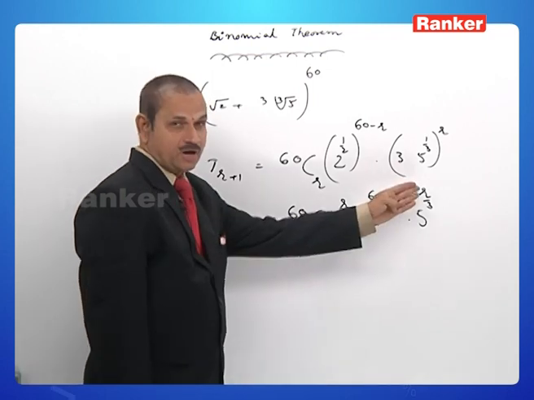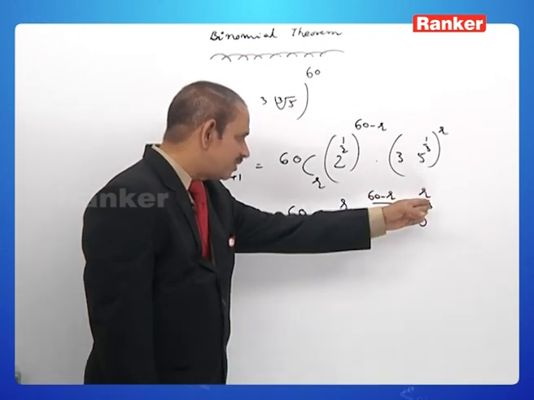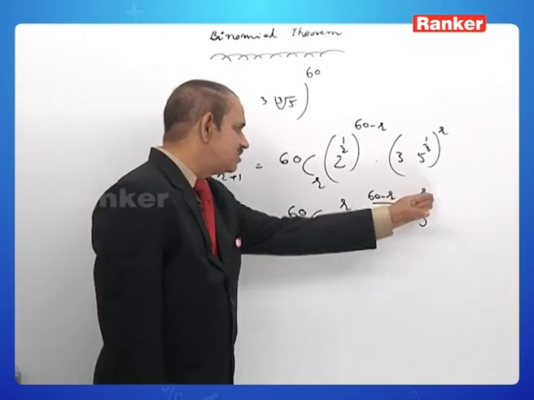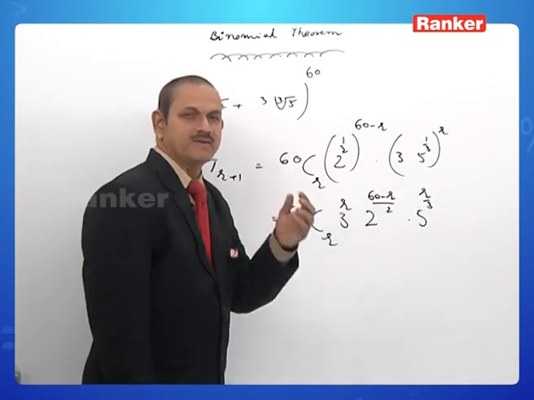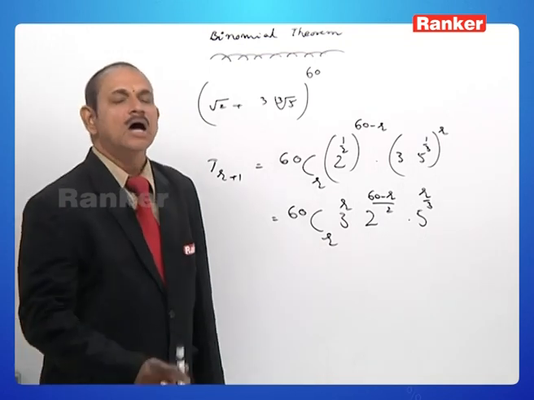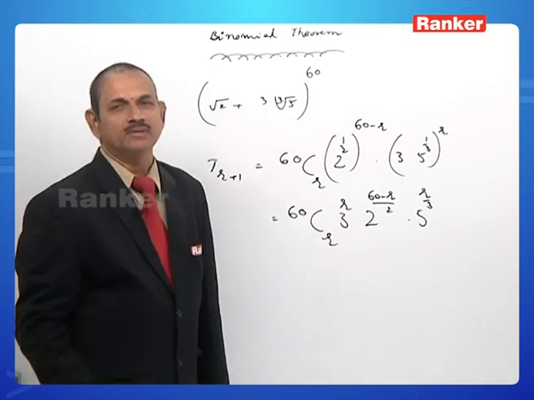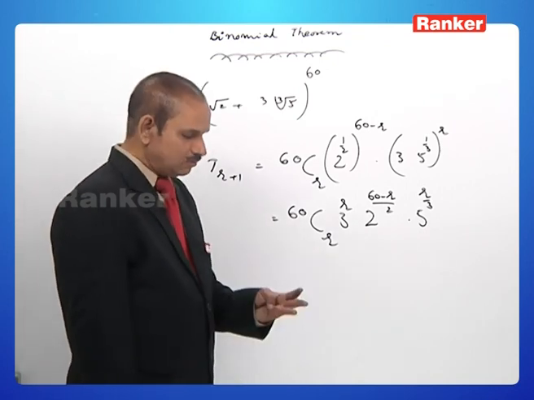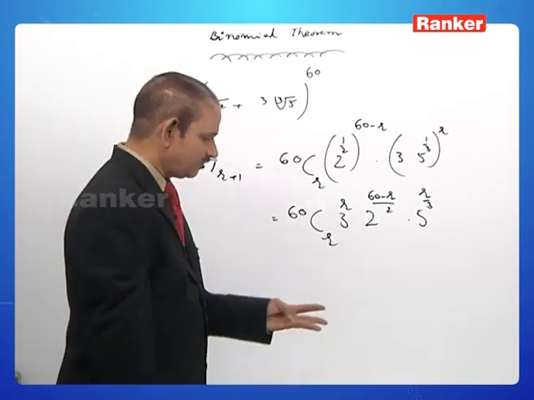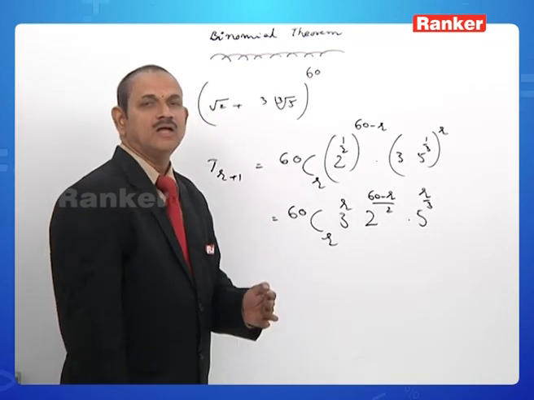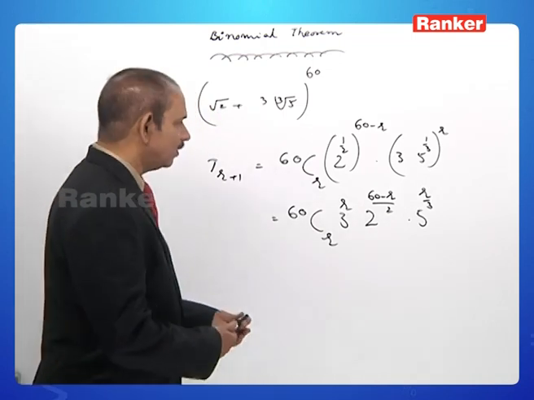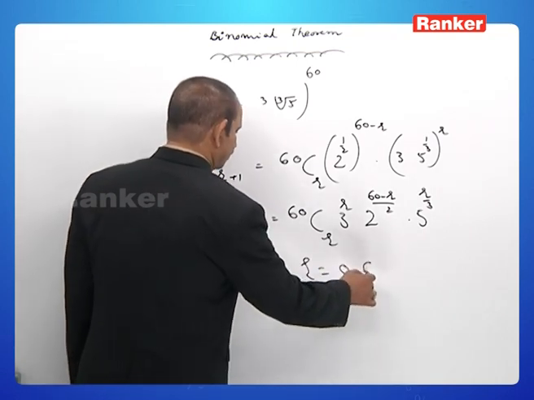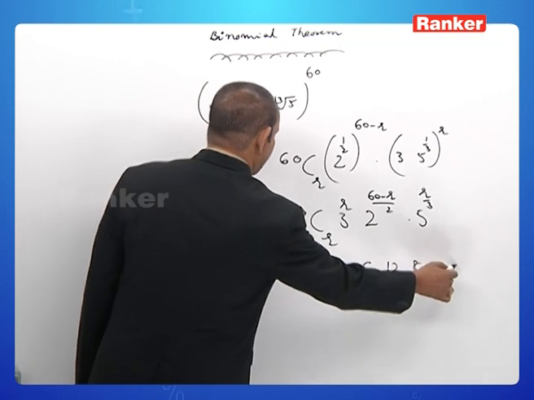Of course, if you put r is equal to 3, this becomes an integer, but the other does not. Both (60 minus r) by 2 and r by 3 must become integers, and that can happen when r is a multiple of 6: 0, 6, 12, 18 and so on. So this becomes an integer if and only if r is equal to 0, 6, 12, 18 and so on.